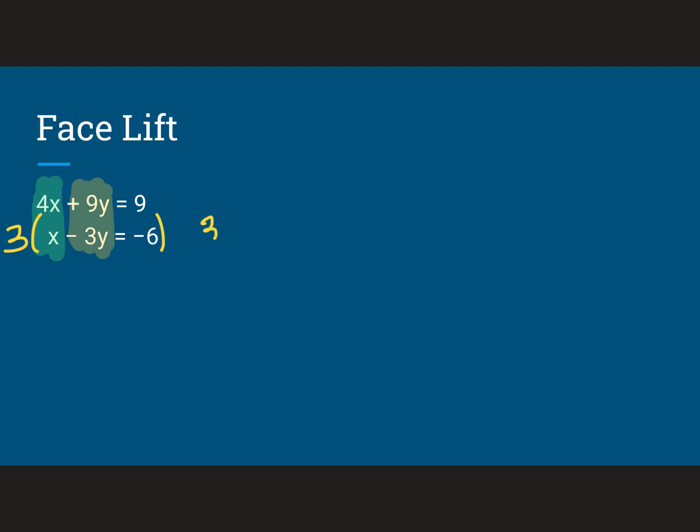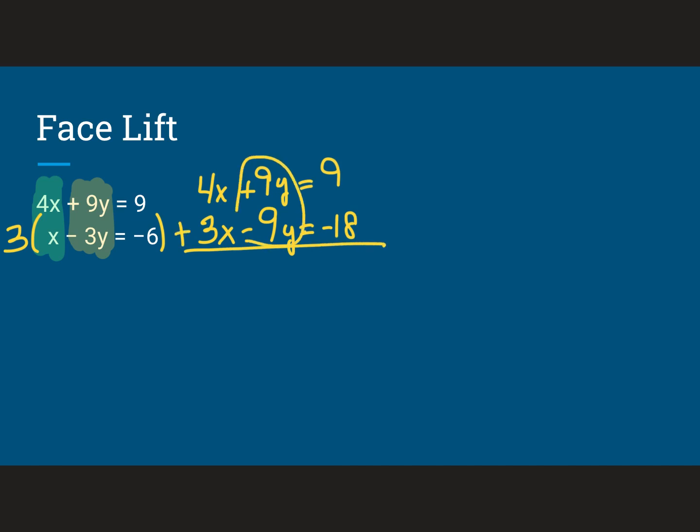So that becomes 3x minus 9y equals negative 18. So I could bring across the other one, which was 4x plus 9y equals 9. When I add these, the y's are going to go away.